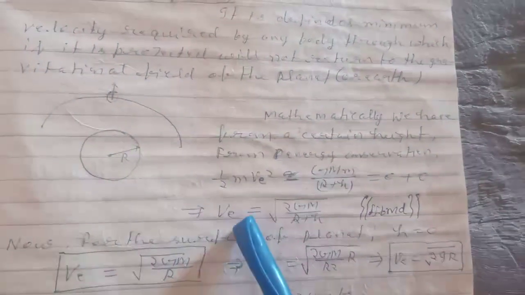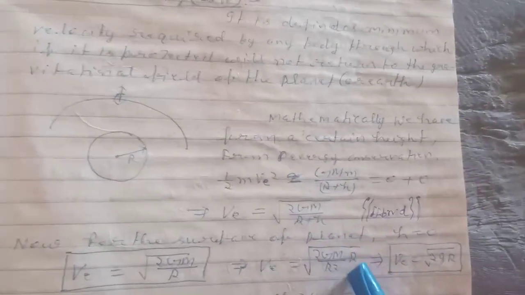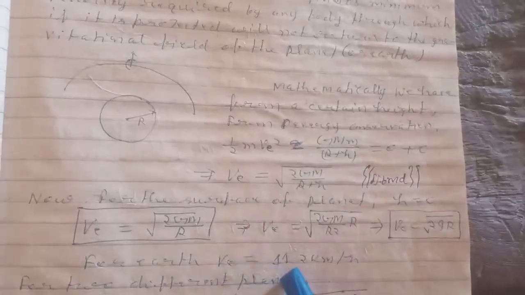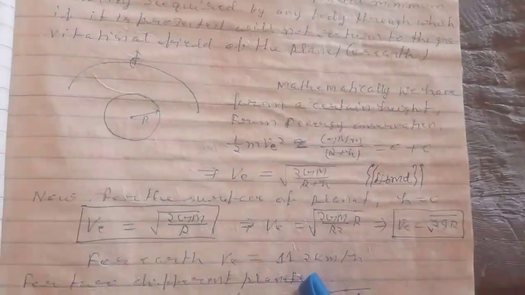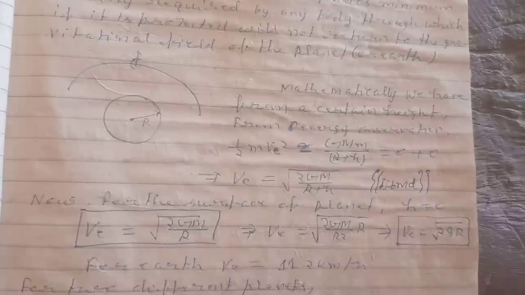This implies vₑ = √(2GM/(R+h)). Now for the surface of the planet, h equals 0, so vₑ = √(2GM/R), or vₑ = √(2GM/R² × R), or vₑ = √(2gR). For Earth, escape velocity vₑ is 11.2 km per second. That is, if a body is projected with this velocity, the body will never return to the Earth's surface.